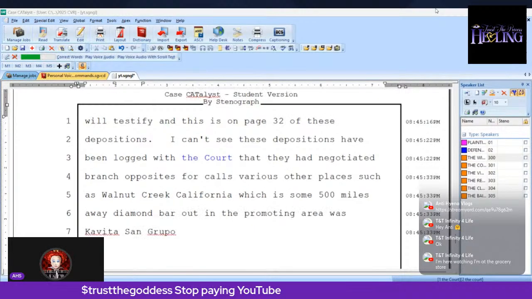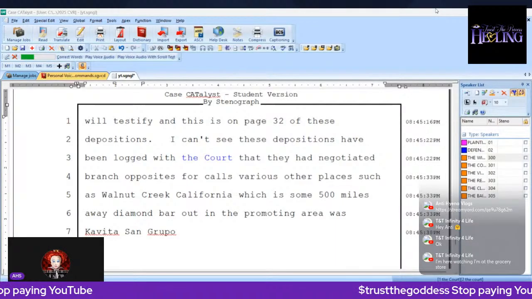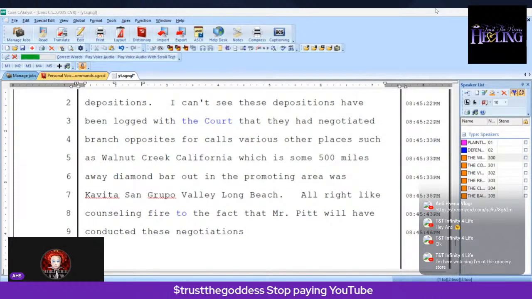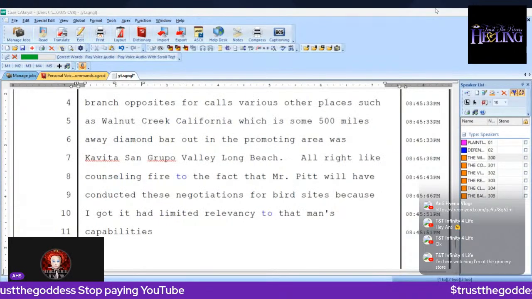All right, I will let counsel inquire into the fact that Mr. Penwell had conducted these negotiations for branch sites because I thought it had limited relevancy to the man's capabilities and his background and so forth and so on.